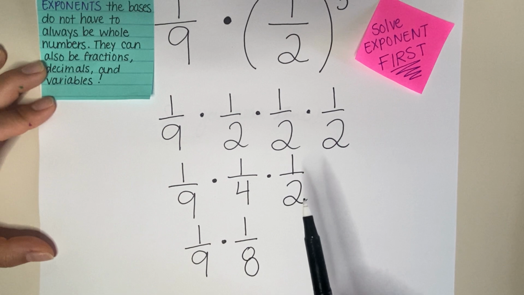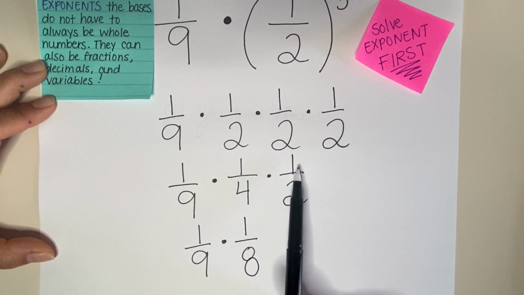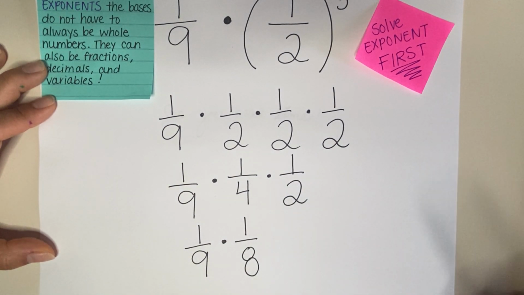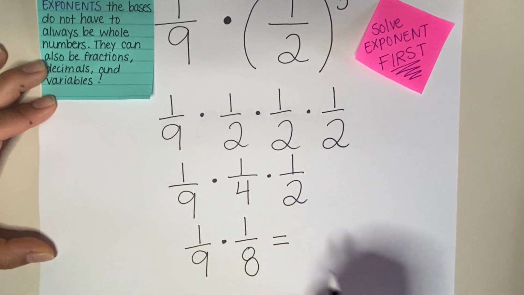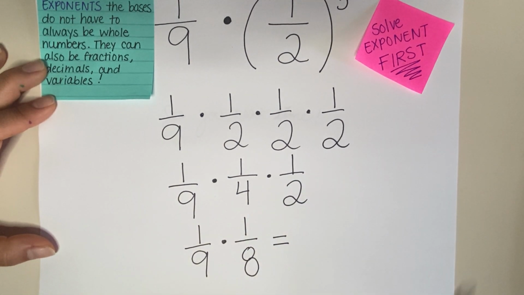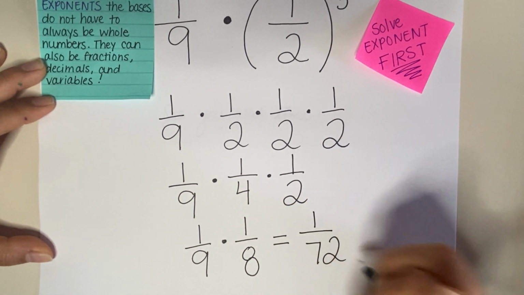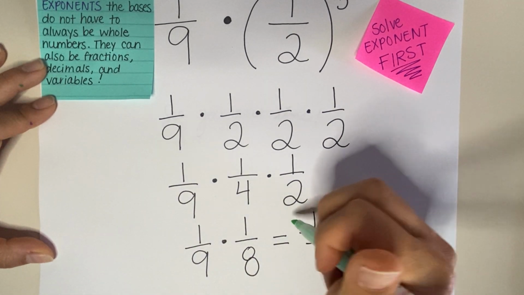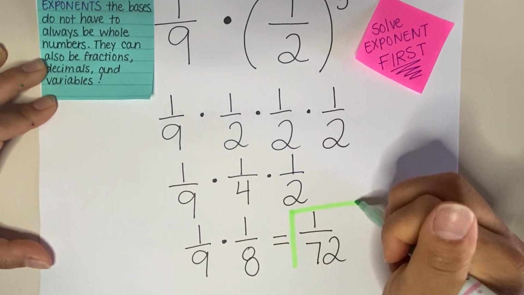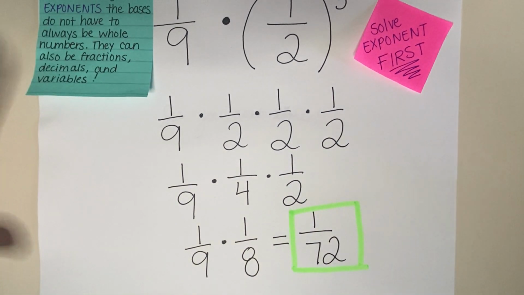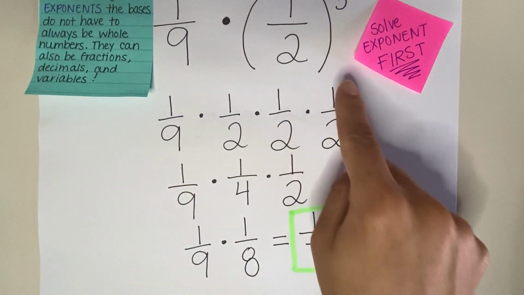And again, remember, when you multiply with fractions, you multiply the numerator and then you multiply the denominator. Now we're left with 1/9 times 1 over 8, which is 1 over 72. And that is the answer after we evaluated this expression.